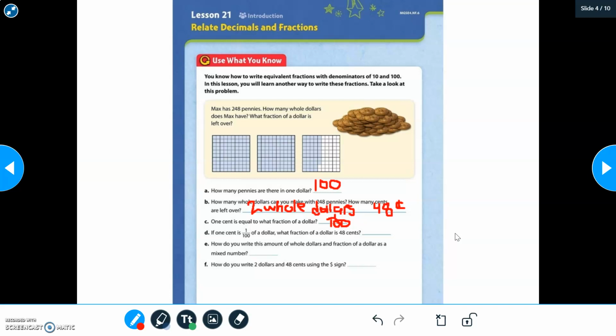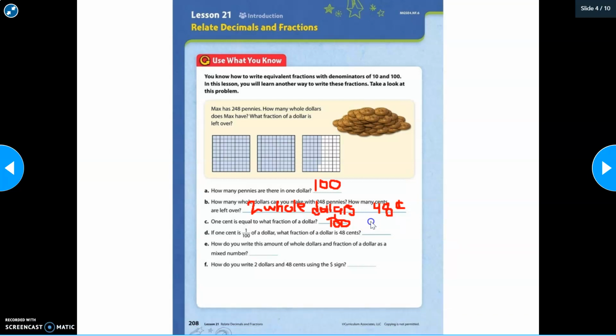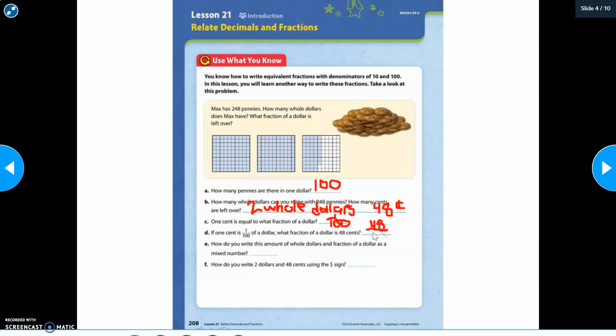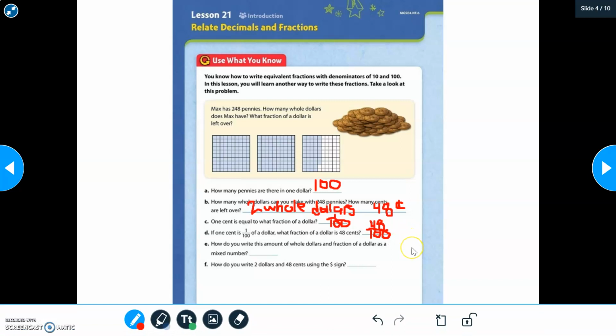If you said 48/100th, then guess what? You are super smart because you are correct. So we will write 48, our fraction bar right under it, and then the number 100. This is how you will write it as a fraction. Okay, so let's go on to the next part.